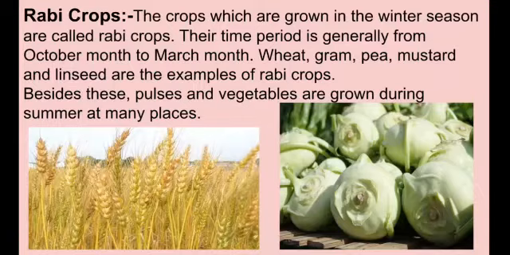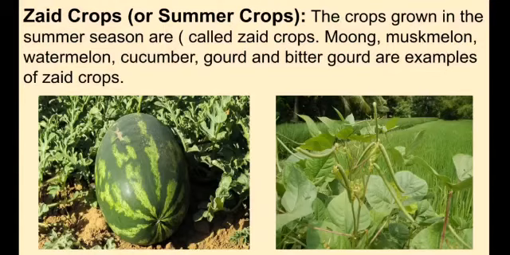Okay, so let us know about the Zaid crops. The crops grown in the summer season are called the Zaid crops. Examples are moong, muskmelon, watermelon, cucumber, gourd and bitter gourd. So Zaid crops you can understand with this, mostly it is vegetables and fruits.